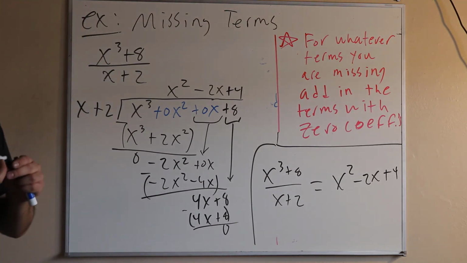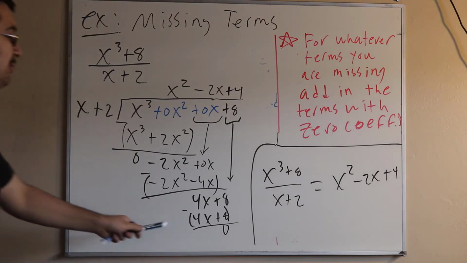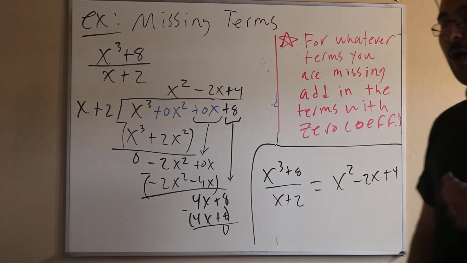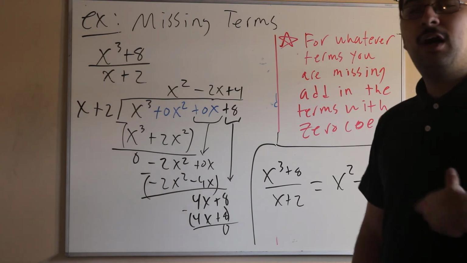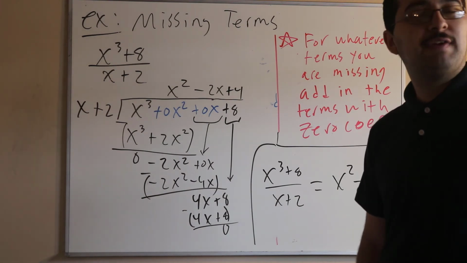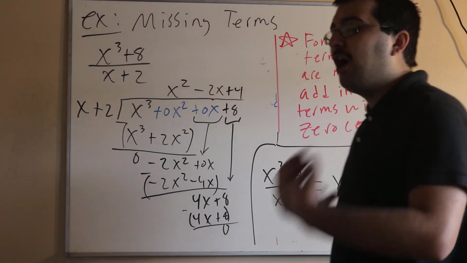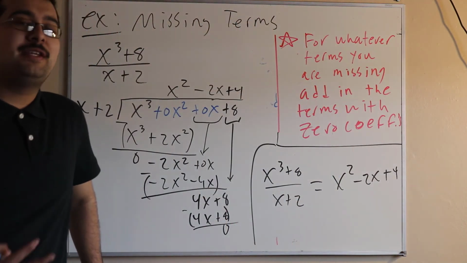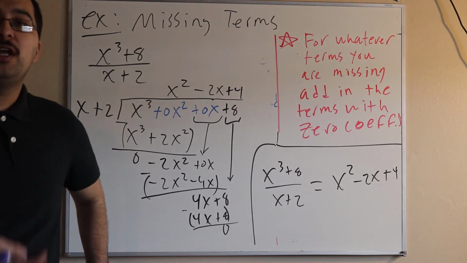Okay, so again, this is probably the most important example from today because it illustrates a very helpful technique and a very common situation to encounter when long dividing polynomials. People often forget that there is an easy fix to this problem, because without this zero trick, the problem becomes quite weird and quite difficult.